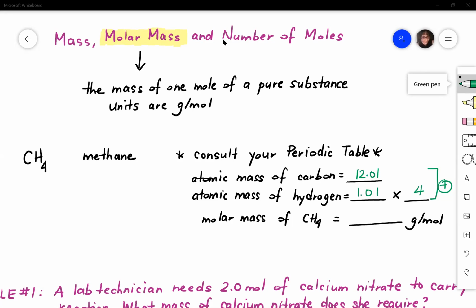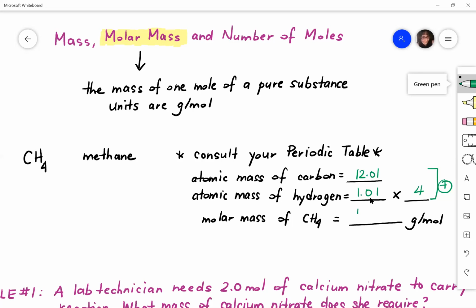So I will write that down on my whiteboard to remember the total, 16.05 grams per mole for the molar mass of methane.